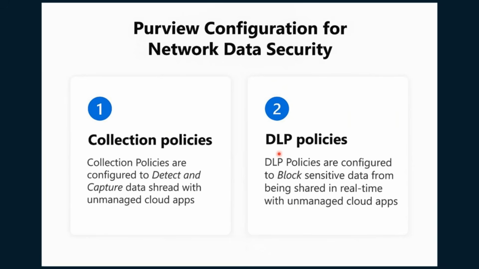So the combination that we can go with is you can either have collection policies or you can have DLP policies, and also you can have both collection policies and DLP policies configured together so that you get all the benefits of the Purview DLP policies and collection policies and visibility into the prompts and responses.